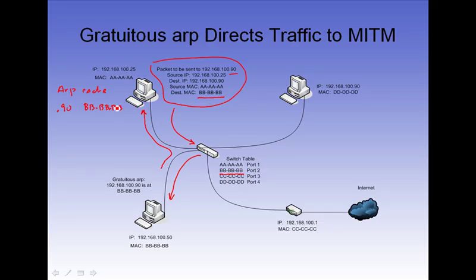Now, usually what happens here with this particular type of attack, this machine here is set up to do IP forwarding. And this is an interesting thing that's built into a lot of operating systems. For example, all the Windows operating systems have this. You have to turn it on in the registry, but it's not hard.